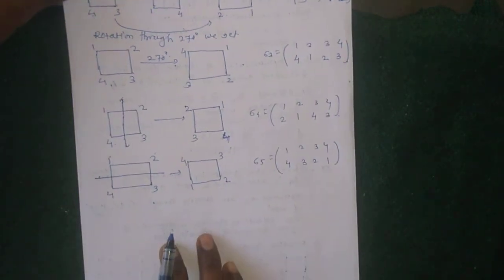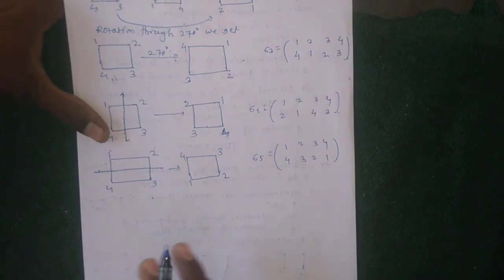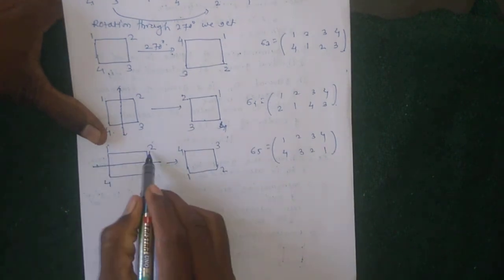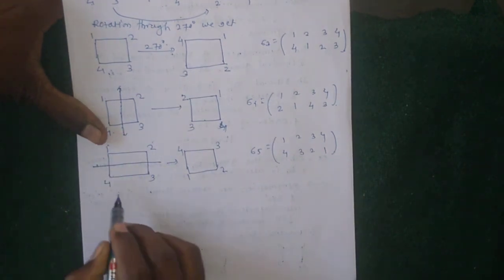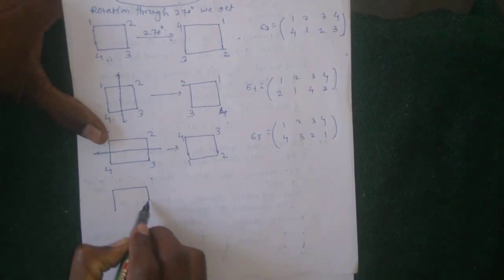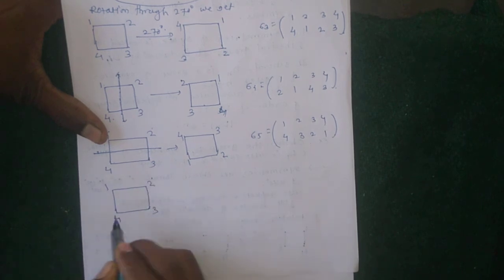And next are the 2 diagonals. The diagonals are 4 and 3. You need to change the diagonal, either this diagonal or this diagonal. Next is 1 2 3 4.